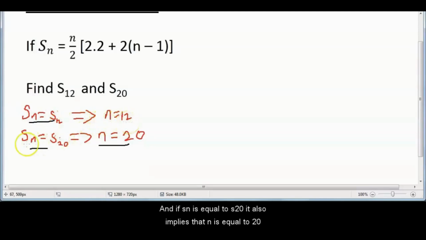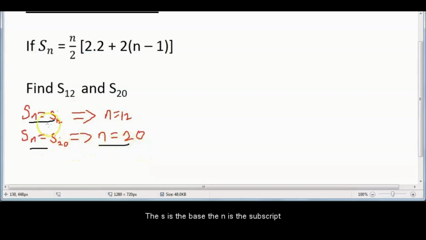And if S_n is equal to S20, it also implies that n is equal to 20. The S is the base, the n is the subscript.